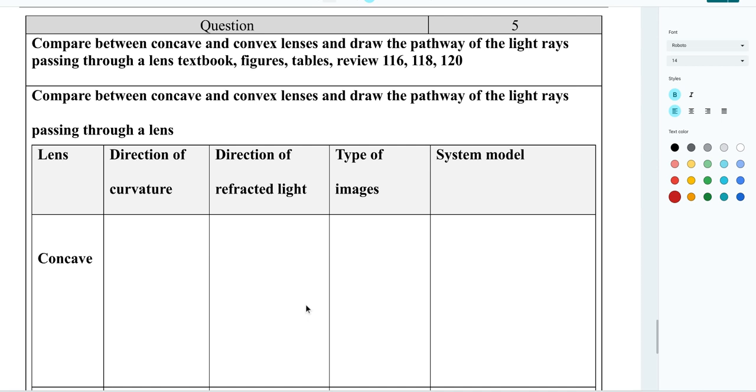Compare between concave and convex lenses and draw the pathway of the light rays passing through a lens. Okay, so concave lens curves inward. Lights will converge or come together.